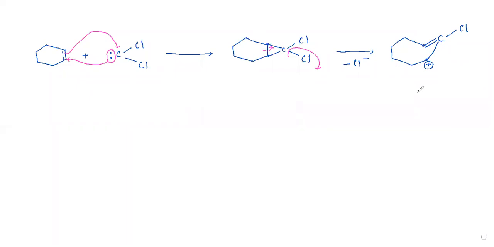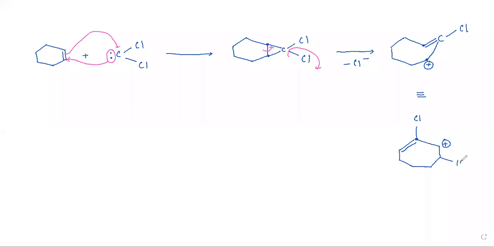Now this can be written as, it is now with 7 carbon atoms. Now with 7 carbon atoms, you can write it this way, right? Where is the positive charge? It is at the carbon adjacent to the carbon which has got a chlorine. Yes, this one.